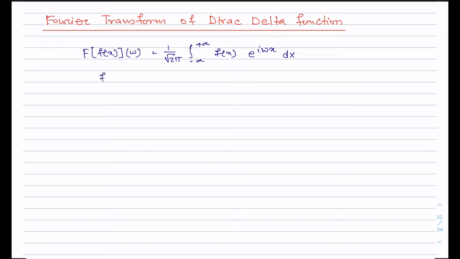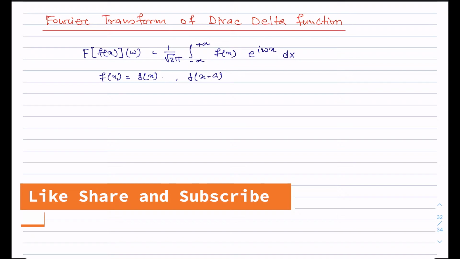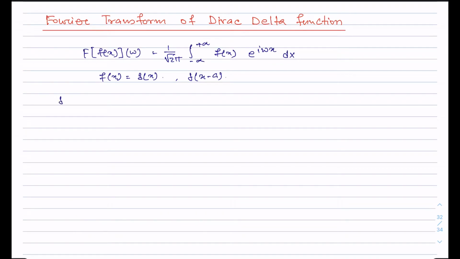Now in our case f(x) is equal to delta(x), or you can consider delta(x minus a), any one of these. So the Fourier transform of delta(x) will be 1 over root 2 pi, integration from minus infinity to plus infinity of delta(x) e to the power i omega x dx.